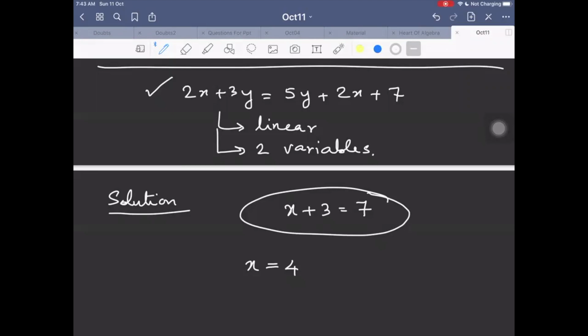This is what we call a solution. A solution of an equation with a variable is a number or a value that produces a true statement when it is substituted for the variable. Is that all right?